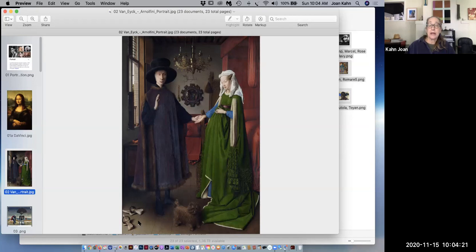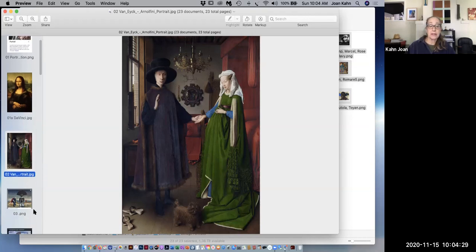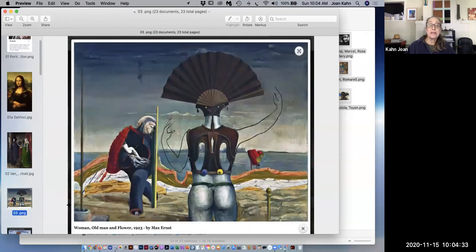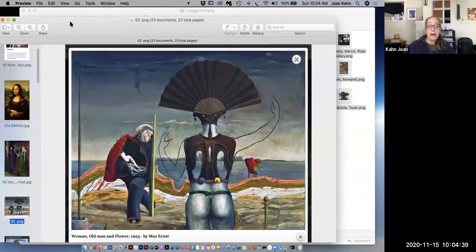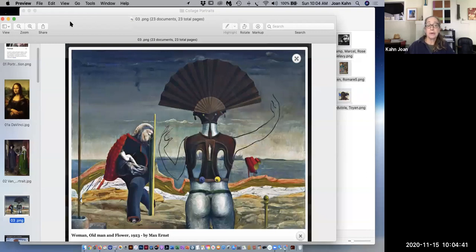So what we're doing is showing things in the portraits that we do that represent the person as well as their likeness, to repeat what I said before. This is a painting by Max Ernst, and it is a woman, Old Man in Flower.